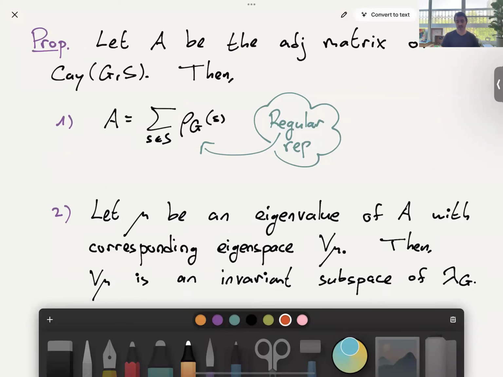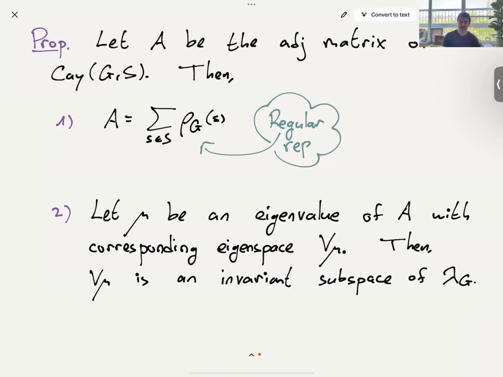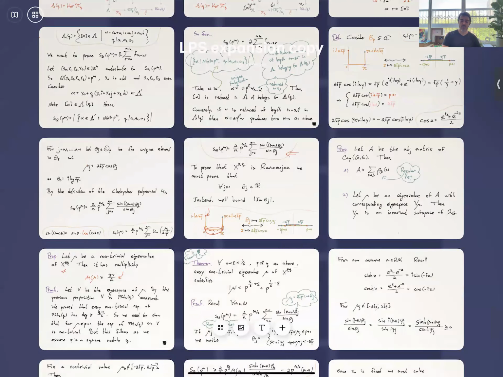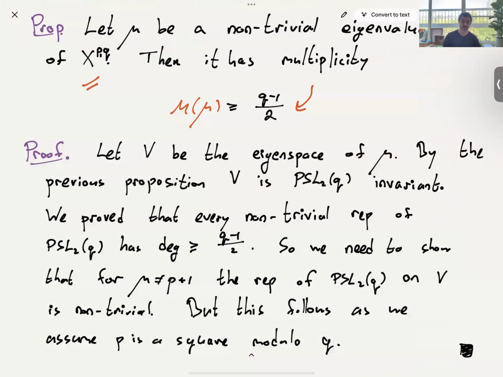And in the seminar, I don't remember if I did it in these videos, but in the seminar, we worked hard to prove that the non-trivial irreducible representations have high degree, which corresponds to high dimensional eigenspaces.